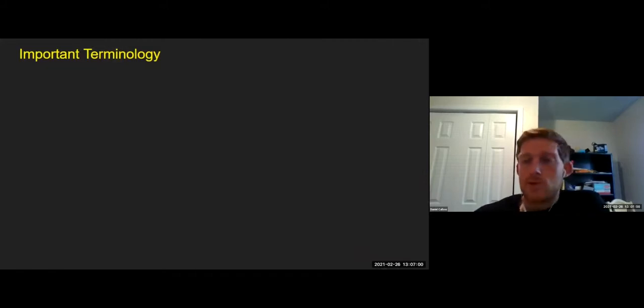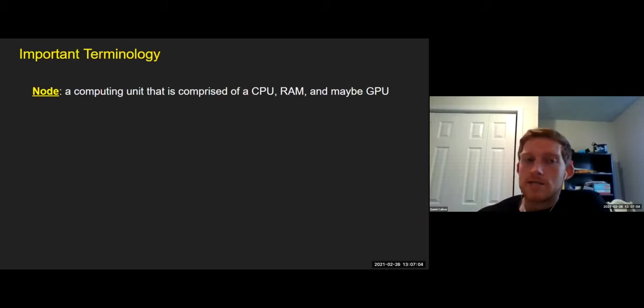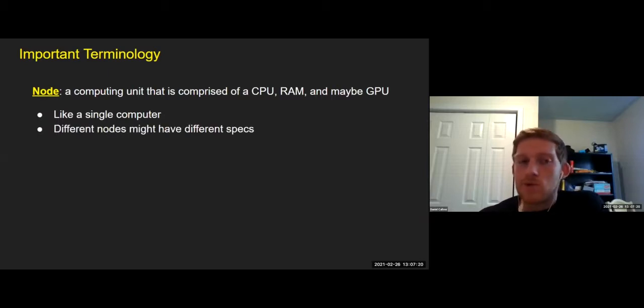So some important terminology that we'll bring up throughout the talk is first, a node, which you can just think of as a single computing unit that is generally comprised of a CPU and RAM. So your computer might have a single node or it may have 1 to 4 nodes. It's, like I said, a single computer.